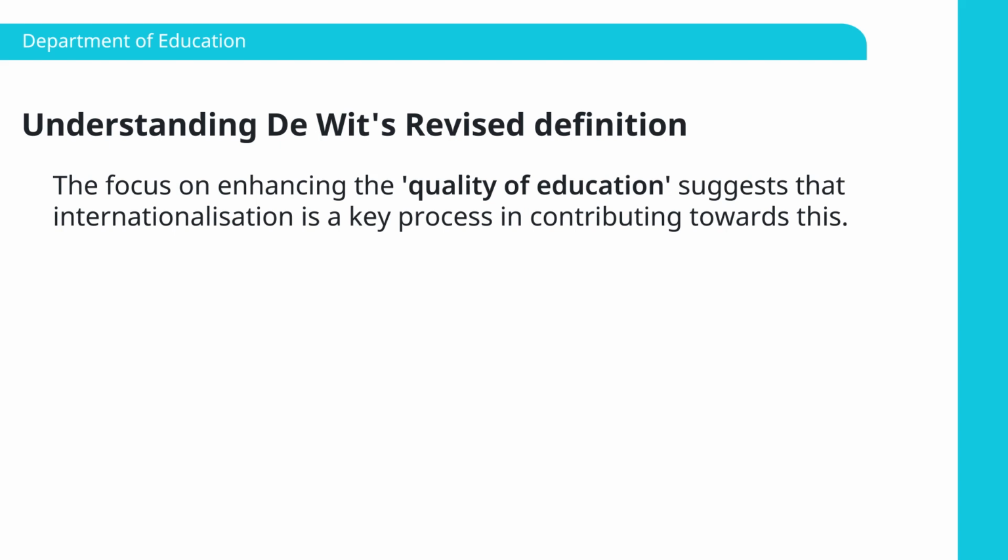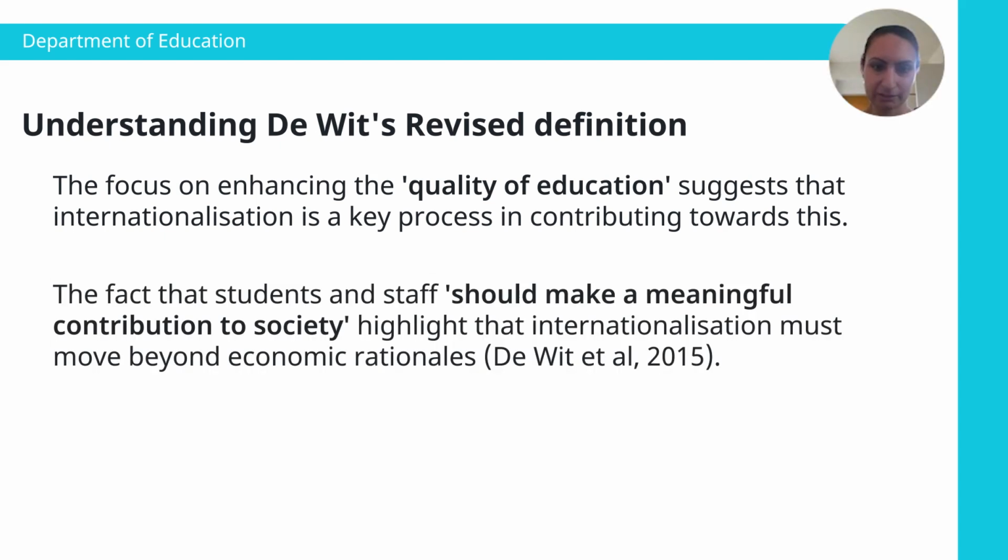If it's not contributing to enhancing the quality of education, then why do it? So he's emphasised this in his definition. The other point is that staff and students should make a meaningful contribution to society, which highlights that internationalisation should not only be about the economic rationales. So it's not just about benefiting society economically, but much more than that.